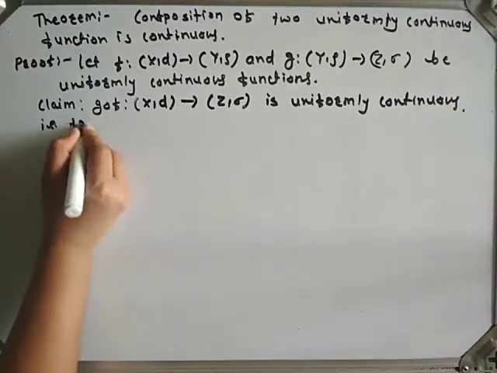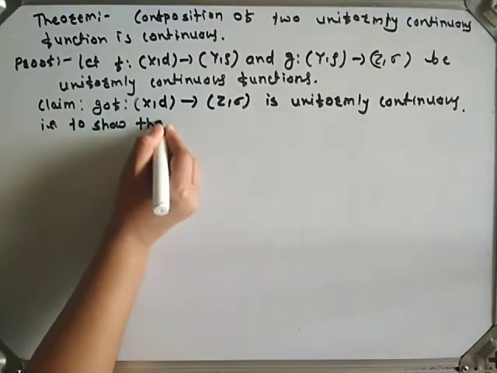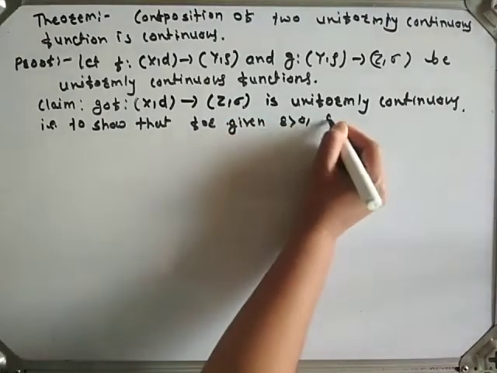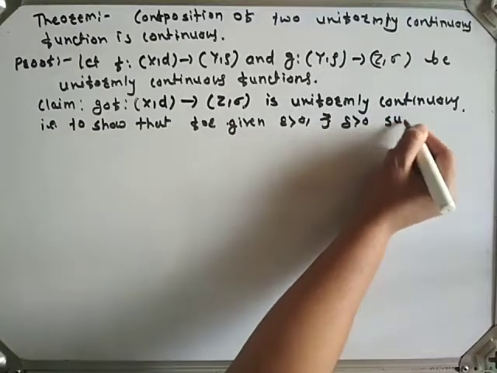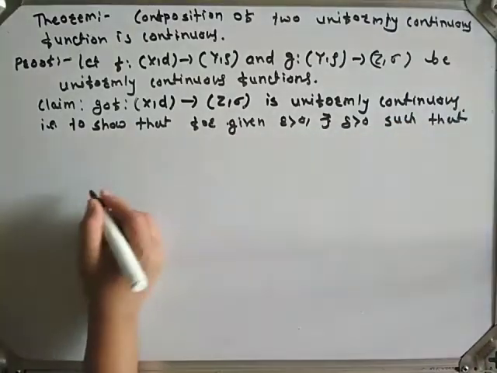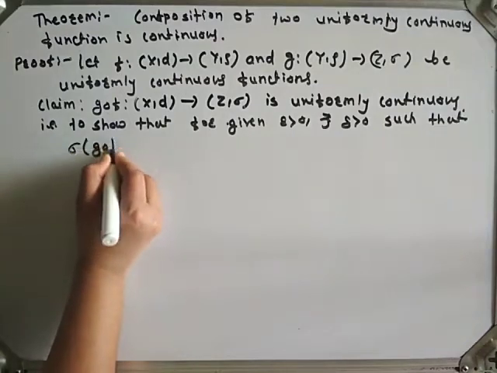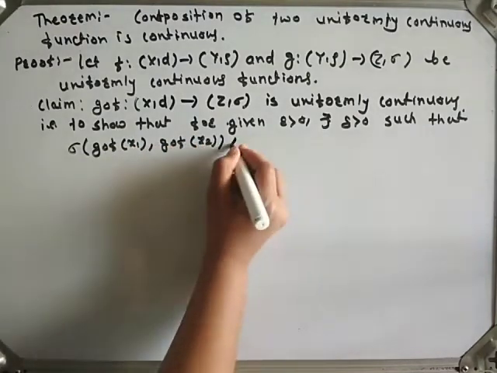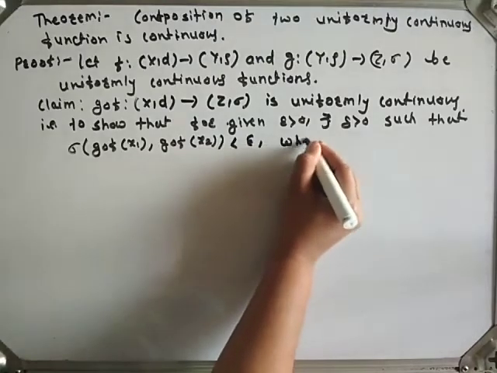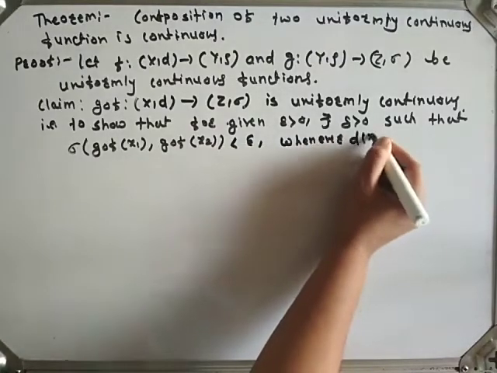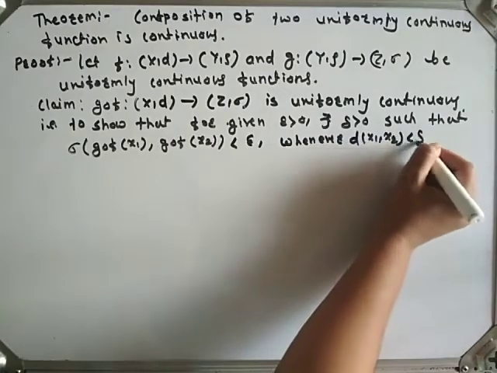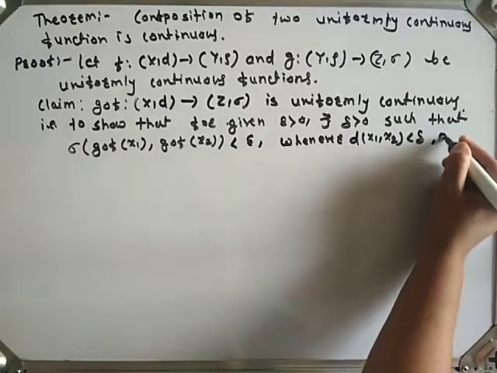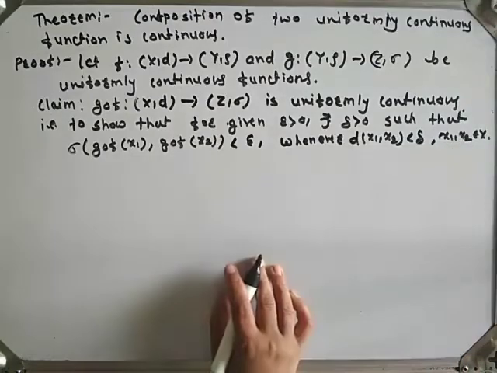That is to show that for given epsilon greater than 0 there exists delta greater than 0 such that sigma of g composite f of x1 comma g composite f of x2 is strictly less than epsilon whenever d of x1 comma x2 is strictly less than delta, and x1 and x2 belong to capital X.